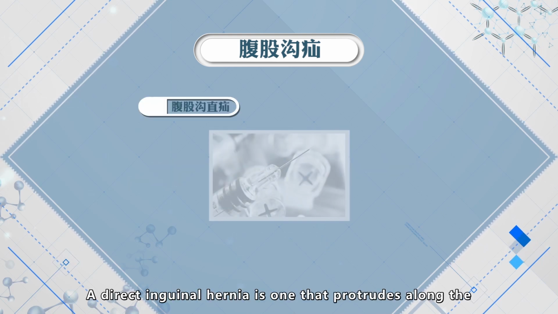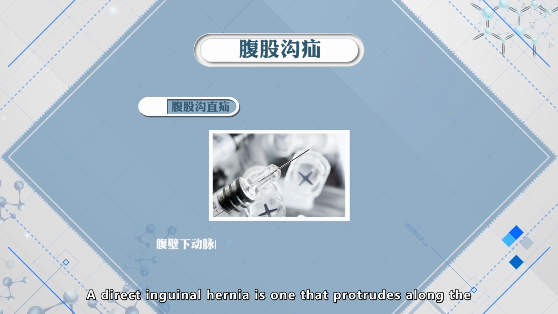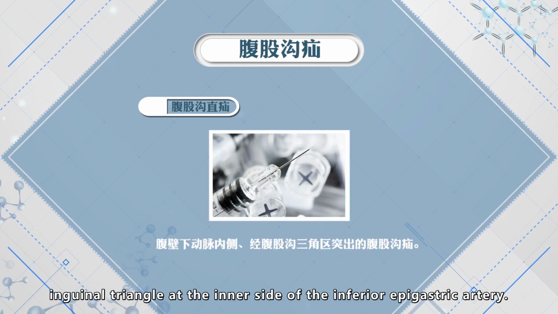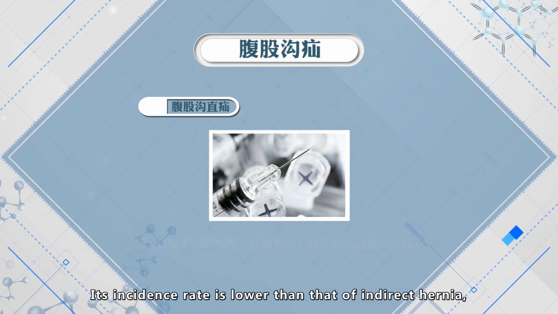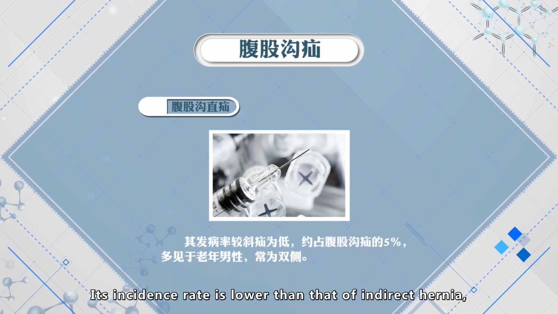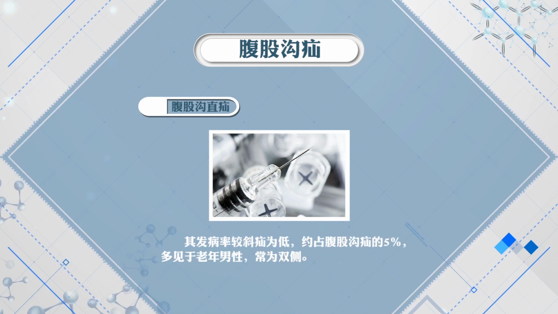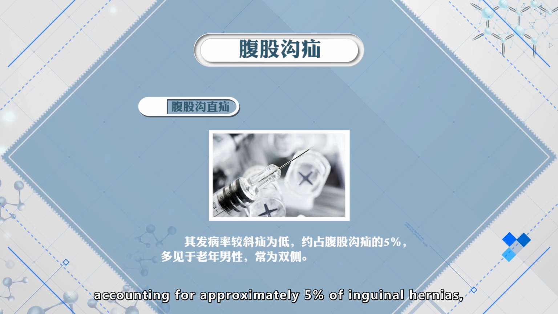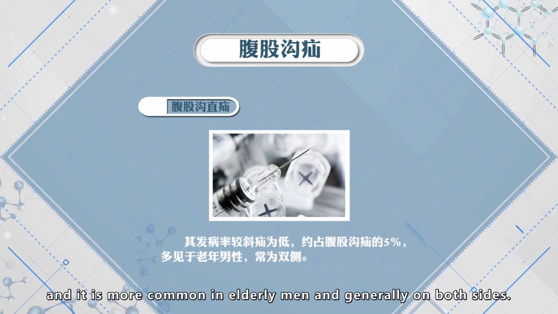A direct inguinal hernia is one that protrudes along the inguinal triangle at the inner side of the inferior epigastric artery. Its occurrence rate is lower than that of indirect hernia, accounting for approximately 5% of inguinal hernias, and it is more common in elderly men and generally on both sides.